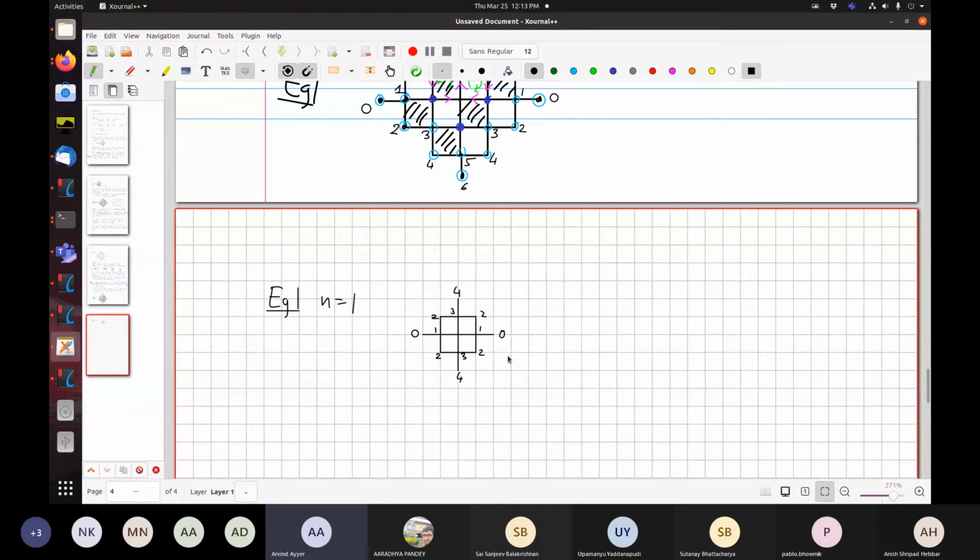Okay, and let me make 2 copies of this. So there are 2 possible domino tilings. Let me use another color. So let's say this is the horizontal tiling, and this is the vertical.